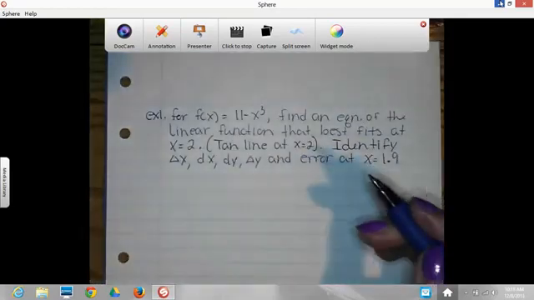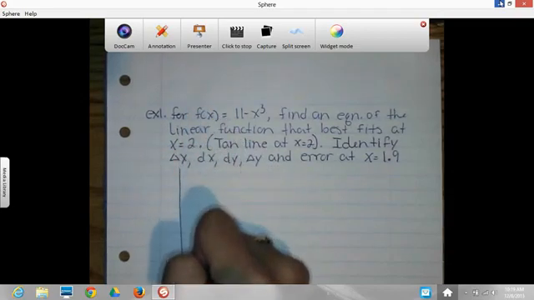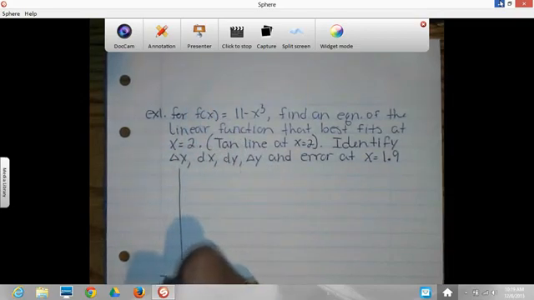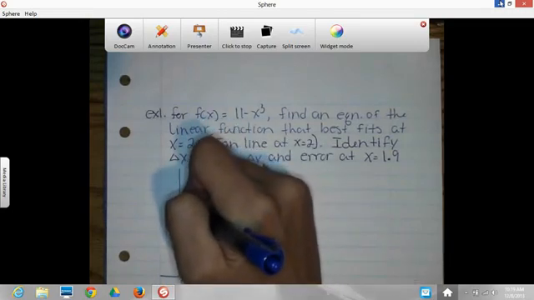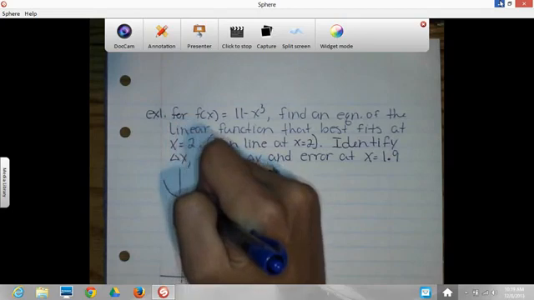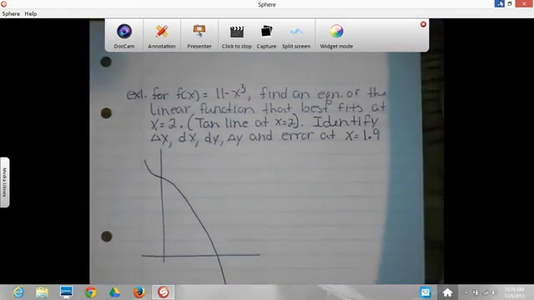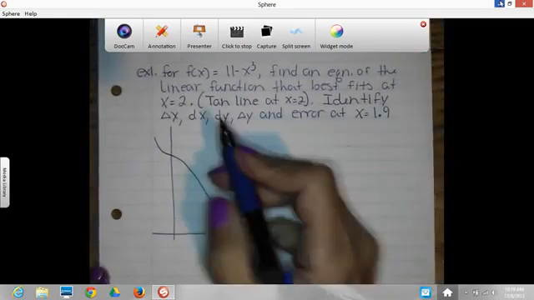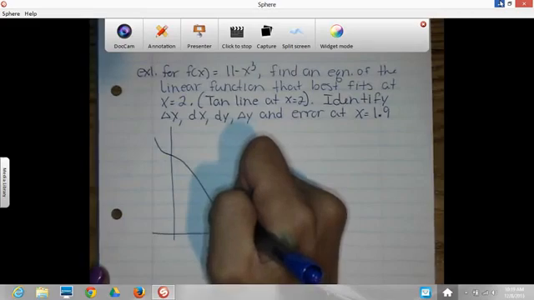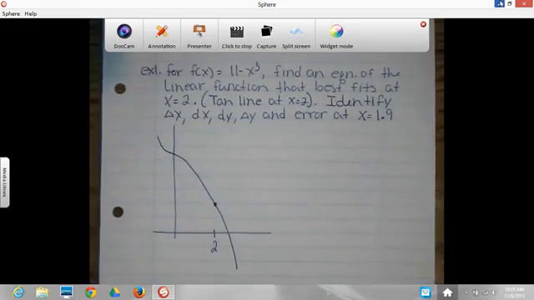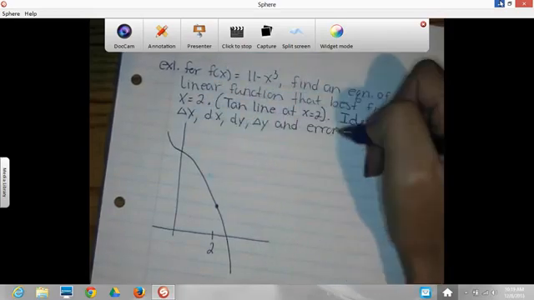So I'm going to exaggerate this a little bit. So at 2, I want to find the equation of the tangent line, and then find all of these 5 things at 1.9.